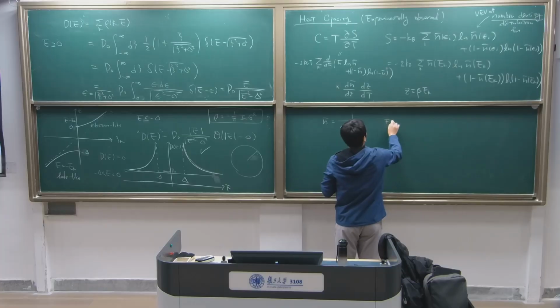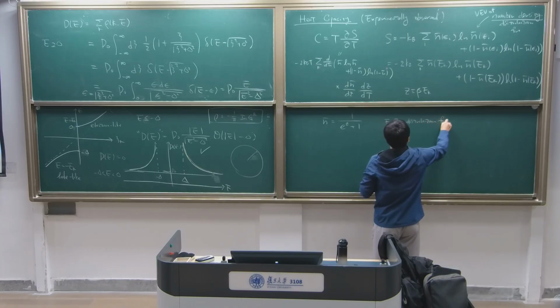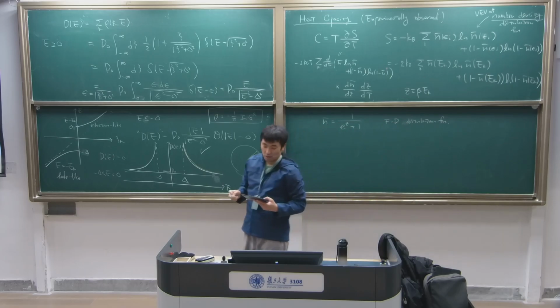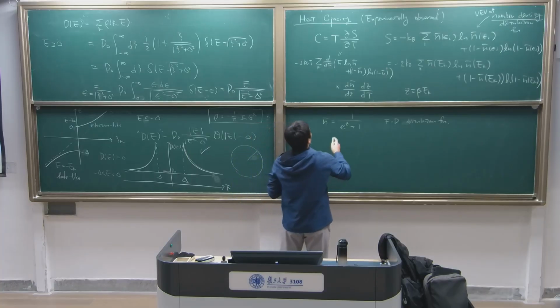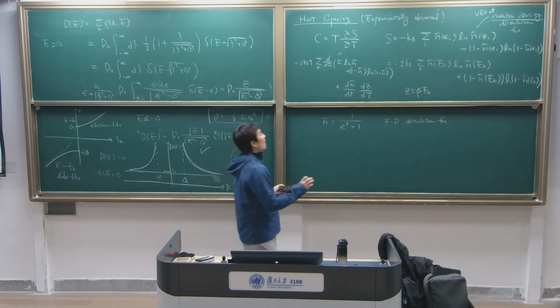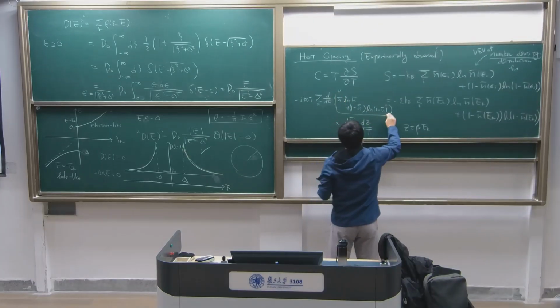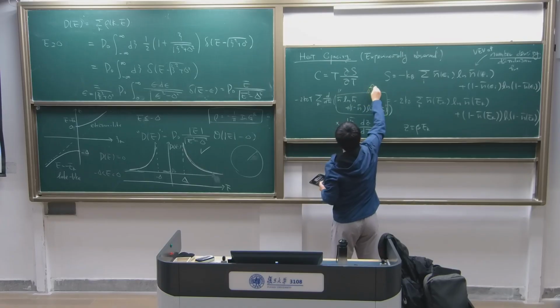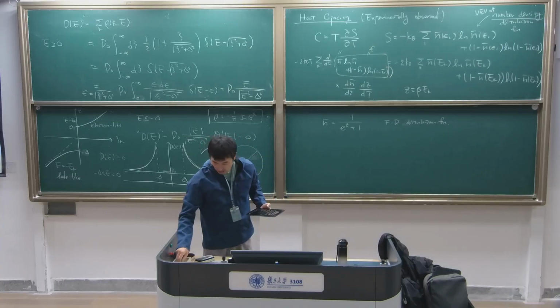So this is the Fermi-Dirac statistic distribution function. The derivation really takes time.